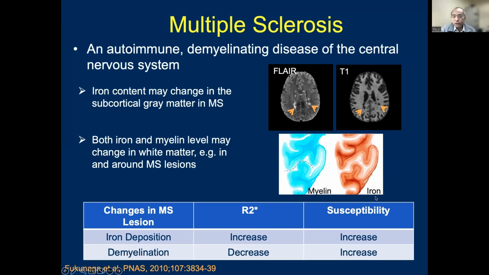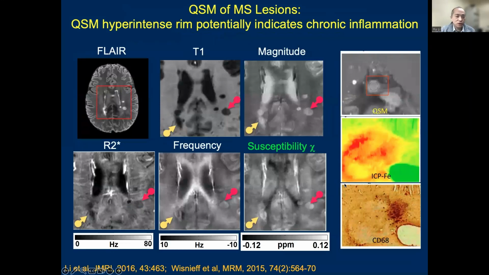Inside the MS lesions, we know that iron deposition and demyelination are expected to increase the magnetic susceptibility, but they may have slightly different effects on the R2 star measurement. In one of our early studies, we looked at the MS lesions. We do see quite a few QSM hyperintense rim lesions. They show higher susceptibility values, indicating demyelination and also iron deposition.